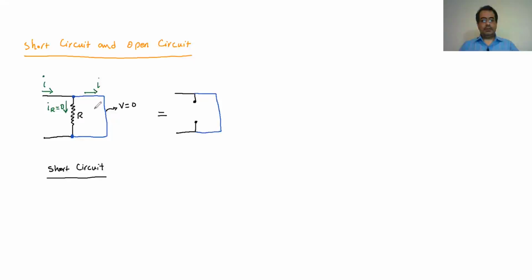It's exactly like that. So the resistance is not there anymore, because no current goes through it. You just remove it from that location. When you're analyzing the circuit, you don't need to consider it anymore.